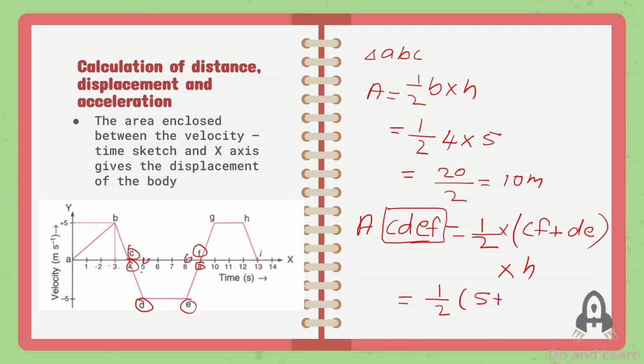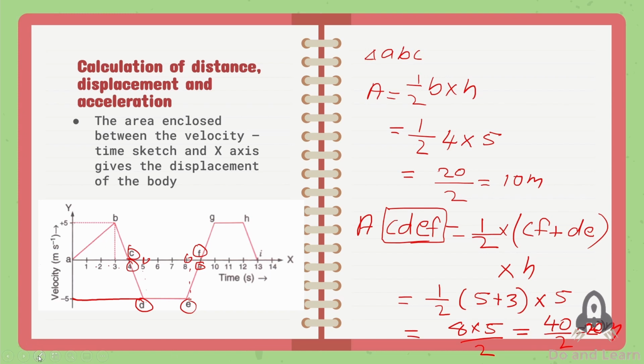That is 8 minus 5, 3. 5 plus 3. Multiply height. What is the height? The height you can calculate straight to the y-axis. That is 5. Equal to 5 plus 3, 8. 8 into 5 divided by 2 equal to 40 divided by 2, 20 meter. Along the curve CDEF, the distance or displacement is equal to 20 meter.